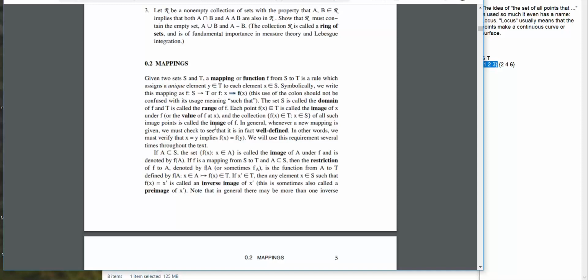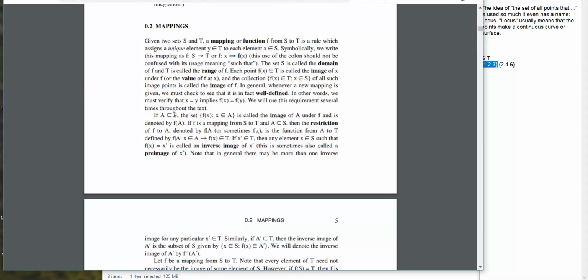In general, whenever a new mapping is given, we must check that it is in fact well defined. In other words, we must verify that if x equals y, then the function of x equals the function of y. We'll get to see more of that as we proceed.